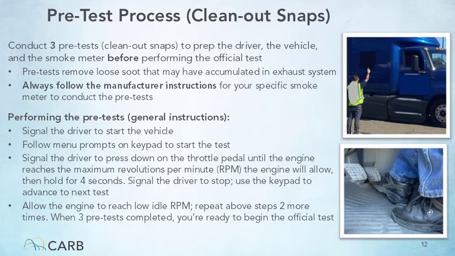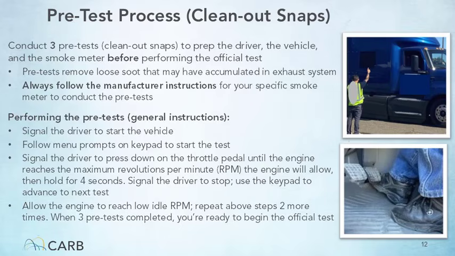As a Clean Truck Check tester, you need to always follow the manufacturer instructions for your specific smoke meter to conduct the pre-tests. To perform the pre-tests or the cleanout snaps, follow these general steps. 1. Signal the driver to start the vehicle. 2. Follow menu prompts on the keypad to start the test. 3.